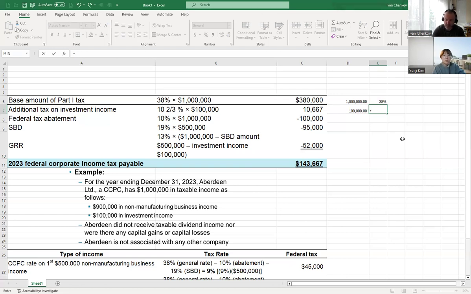That will be equal to 10 plus 2 divided by 3, right?